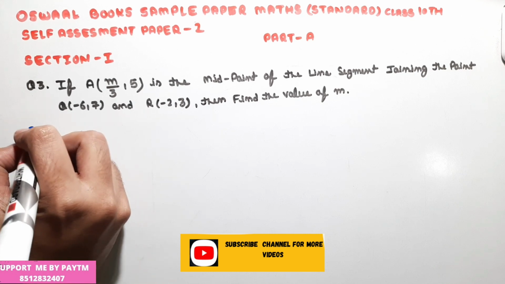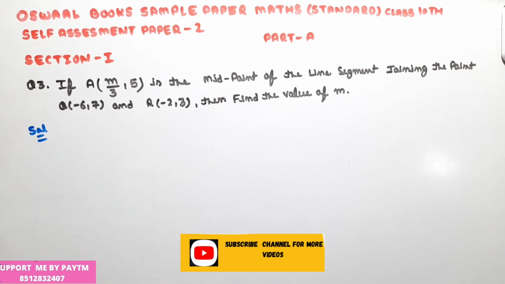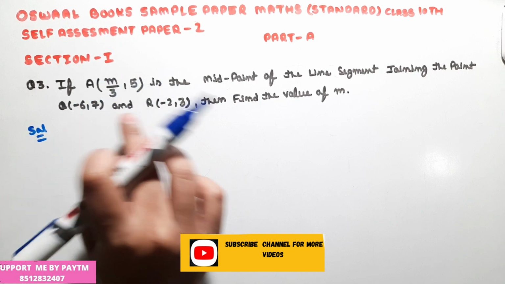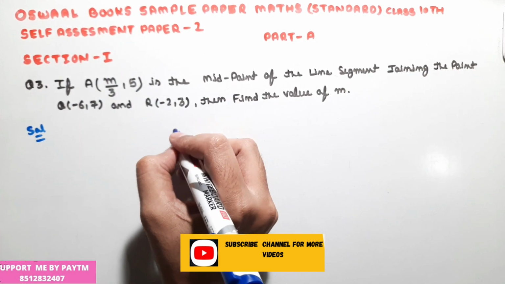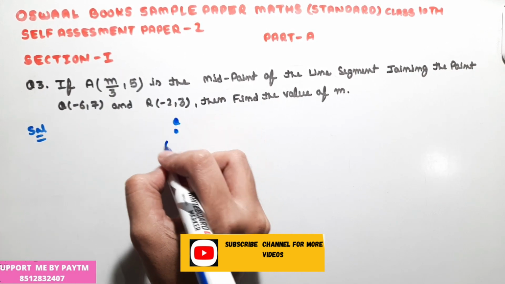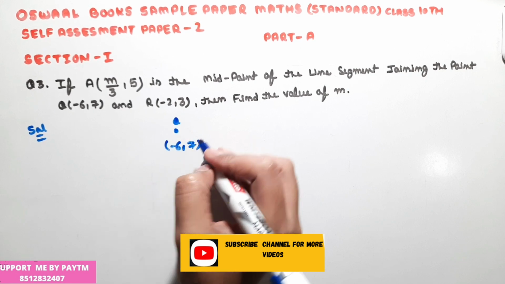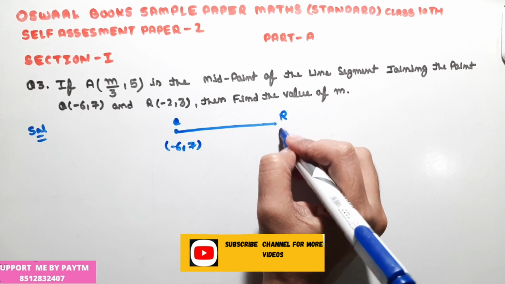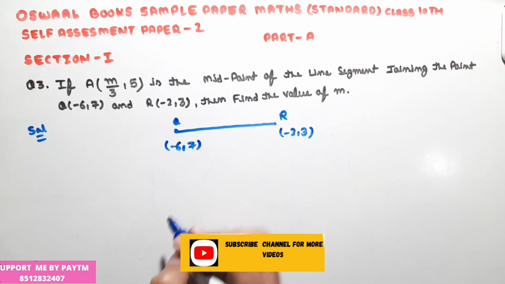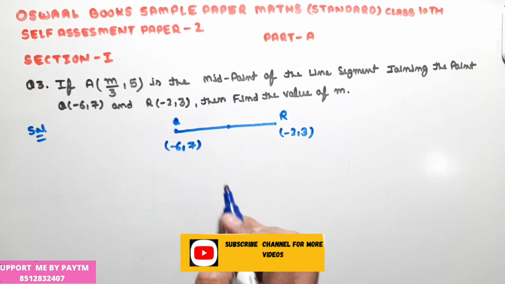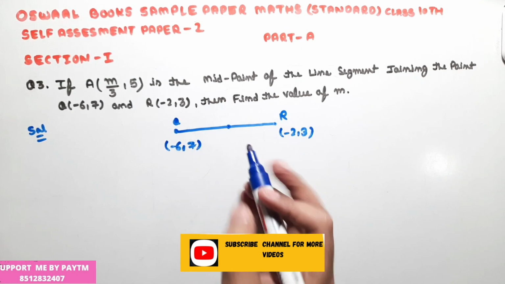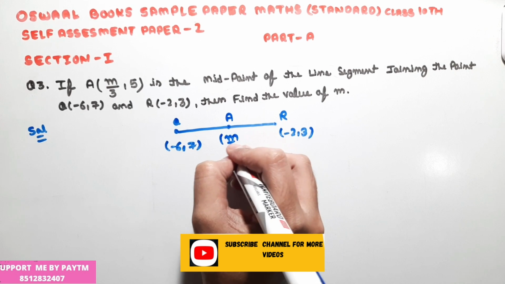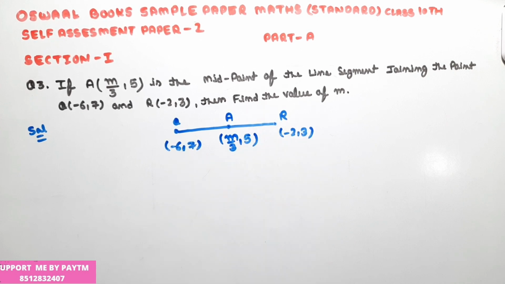In this problem we have given that A is the midpoint of the line joining point Q and R. So let the point Q be (minus 6, 7) and point R be (minus 2, 3). A is the midpoint of QR whose coordinate is (m upon 3, 5).